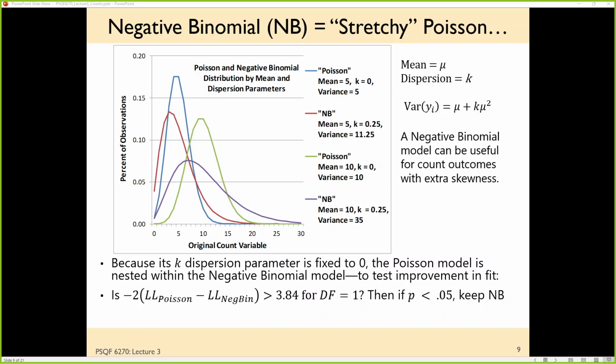So instead of using a cutoff of 3.84 for the one extra parameter between the two, we should actually use what's known as a mixture chi-square for the situations in which k would want to go negative, but it's not allowed. And that essentially cuts the p-value in half. So the critical value for saying that k is needed and that negative binomial is a better choice than Poisson is 2.7 instead of 3.84.